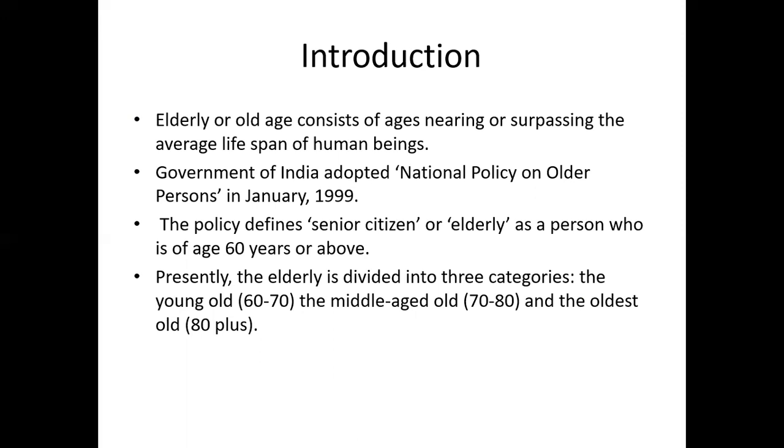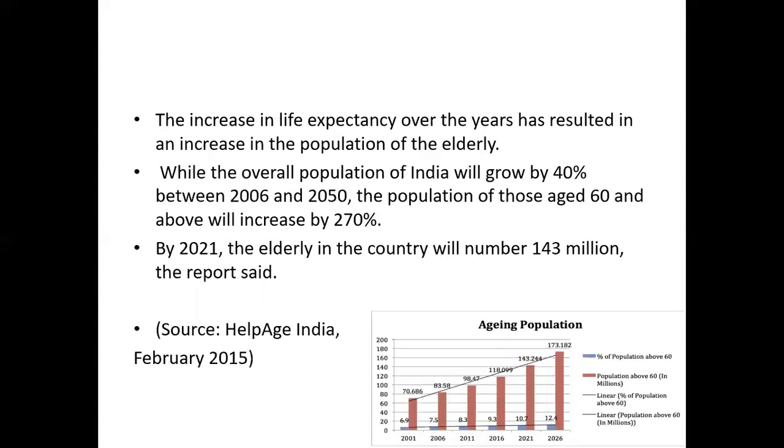Now the elderly can be divided into three categories: the young old, the middle aged old, and the oldest old, that is 60 to 70, 70 to 80, and above the age of 80. The increase in life expectancy over the years has resulted in an increase in the population of elderly.